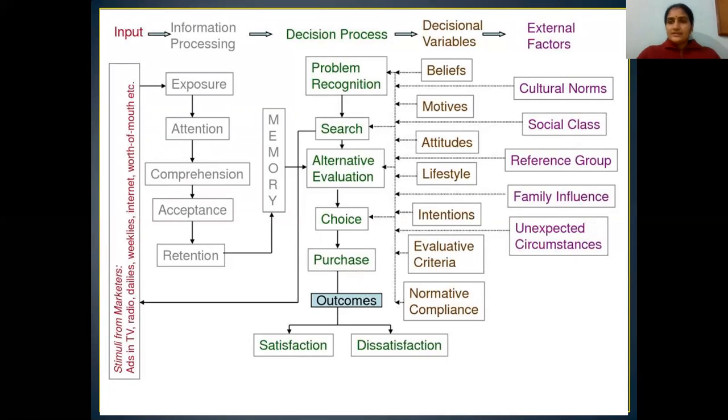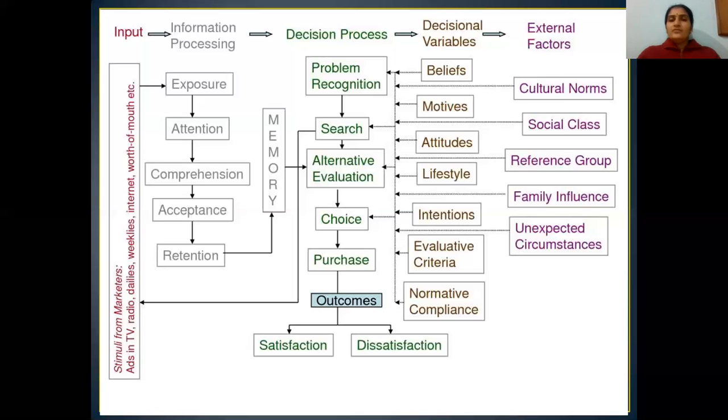Now, what are these external factors? These external factors include the cultural norms, the social class to which we belong, the reference group influencing our decision, then the family influence, and then the unexpected circumstances, the contingent situations which arise.